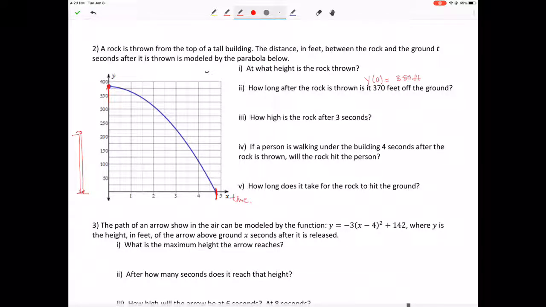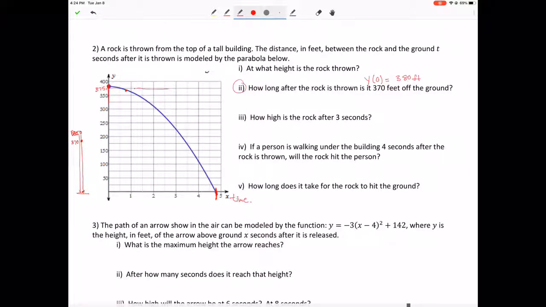It says, number 2, how long after the rock is thrown is it 370 feet off the ground? Okay, so this is where it starts, maybe 380, and we want to see at what point the height is 370. So we look at our graph, 370 perhaps is about right here. This line here is 375, so it's going to be a little less than that tick, okay?